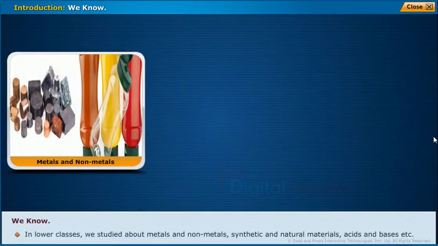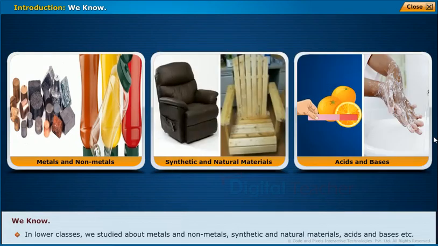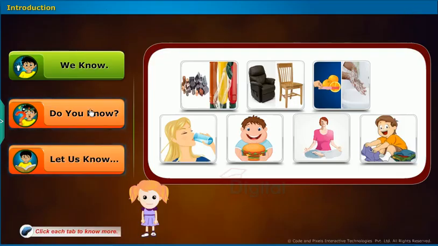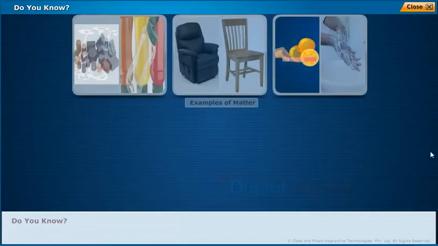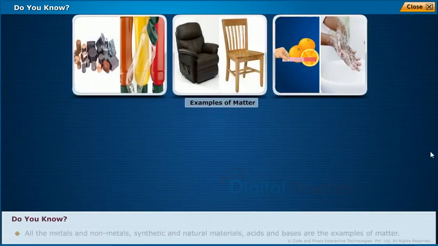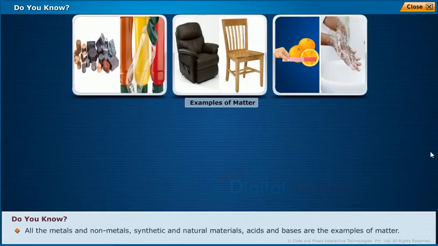In lower classes, we studied about metals and non-metals, synthetic and natural materials, acids and bases, etc. All of these are examples of matter.